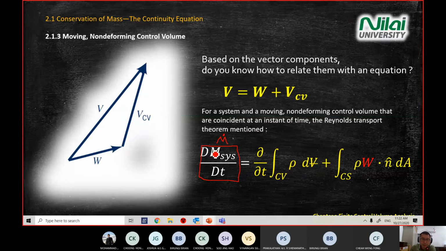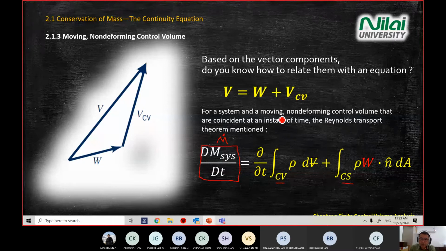But m dot means d, in the differentiation format, dm system over dt equal, again, control volume and control surface. So del over del t integrate with your rho d volume. You've seen this one many times just now. And the control surface component also. Just now we have rho V dot n hat dA.